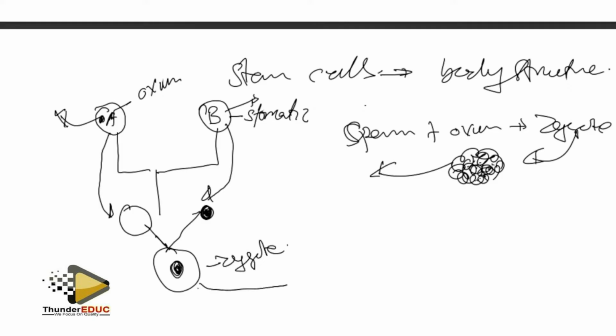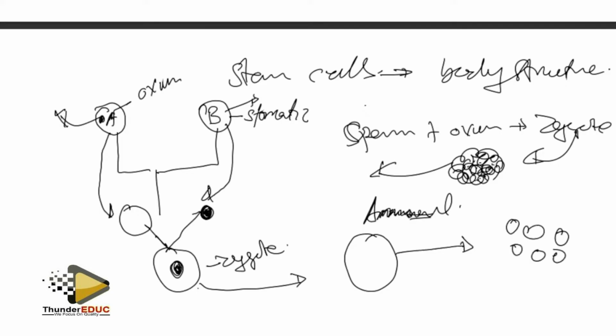Now, this zygote, I put it into another animal, a foster mother animal. And then I produce a lot of these animals, and these animals are identical.